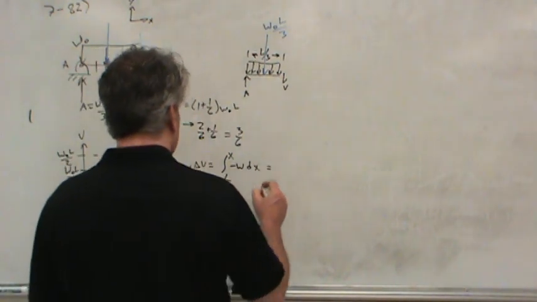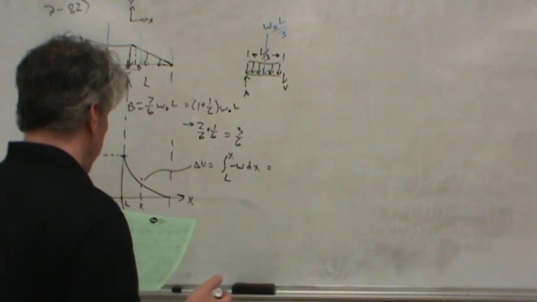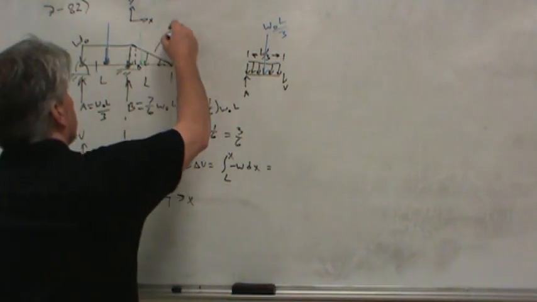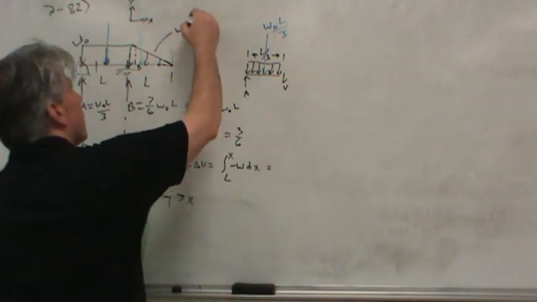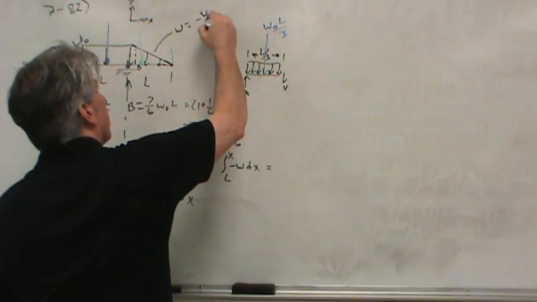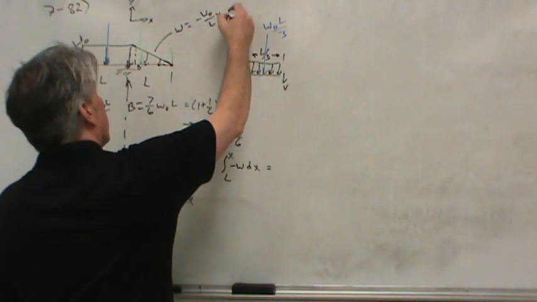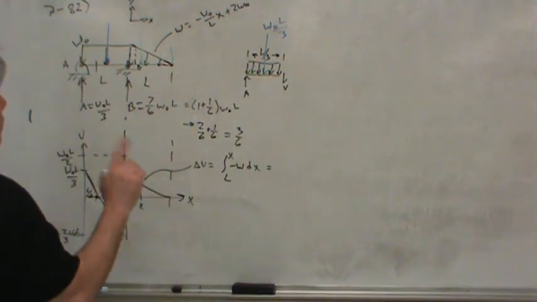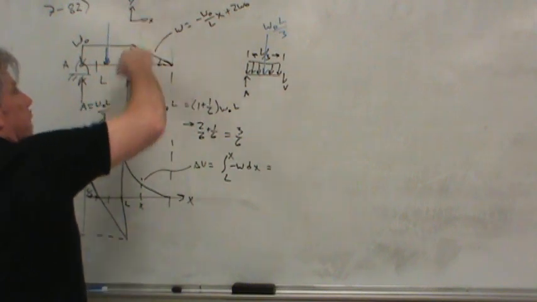Now, what does the distributed load look like in that section? In other words, what's the equation of the distributed load here? Well, it's negative W naught over L times x plus 2 W naught. What the heck? How did I come up with that? Well, let me show you. First of all, the distributed load is a negative distributed load because it's pointing downward.